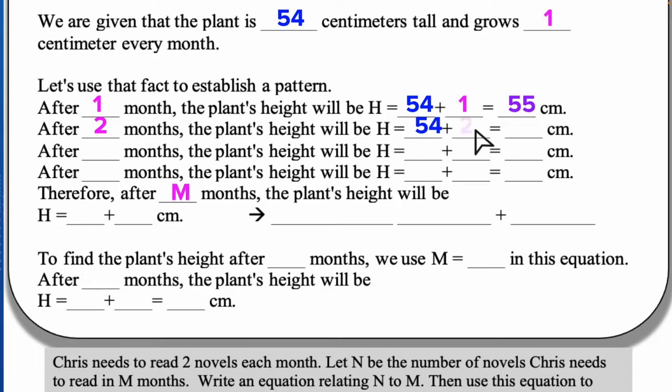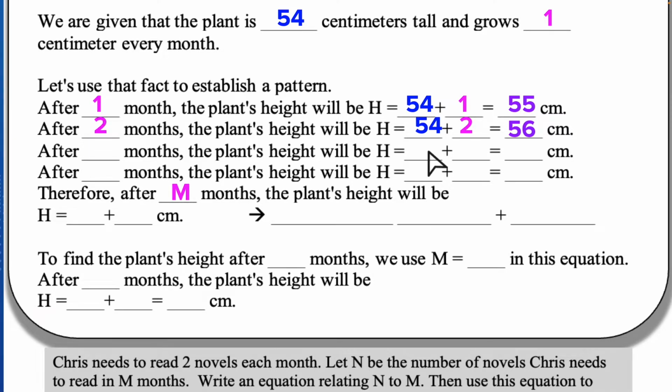And with this one, the pattern is matching the month because it would be 1 centimeter per month. So 1 month would be 1 centimeter, and 1 centimeter for 2 months is going to be 2 centimeters. This one matches a little more because our change is 1. Sometimes this change isn't always going to match exactly the term number that you're going with.